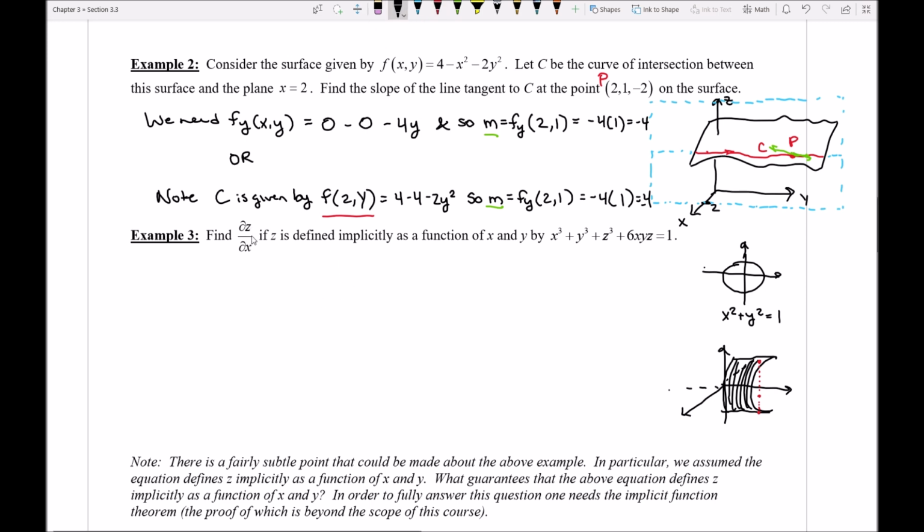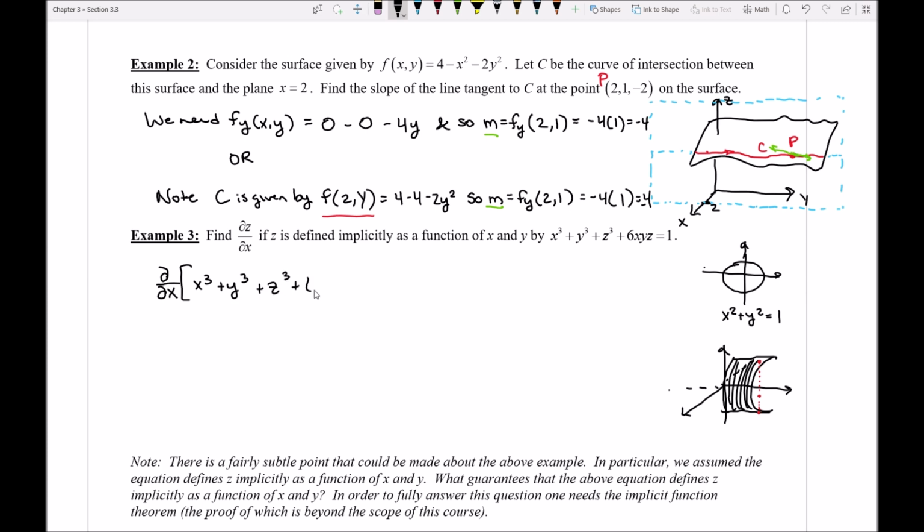So what I'm going to do here is try to find a partial derivative of z with respect to x. So I'm doing a partial derivative with respect to x. So I'm going to treat x here like it is my variable. And I'm still going to treat y like it's a constant. But what I'm going to do is compute the partial derivative with respect to x of both sides of my equation.